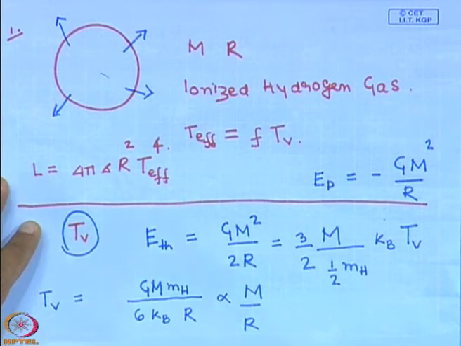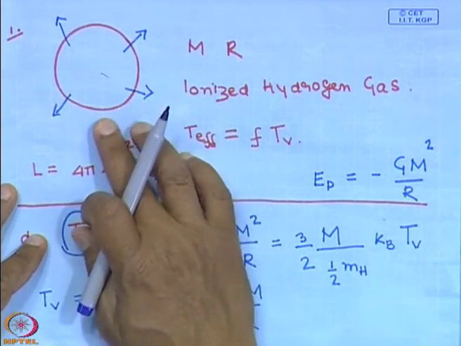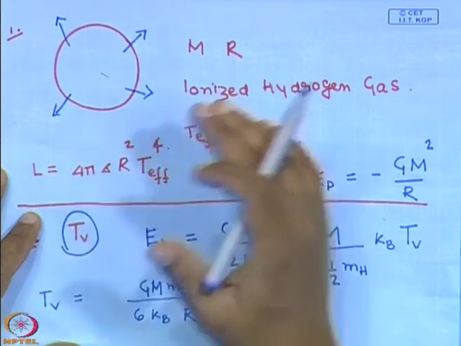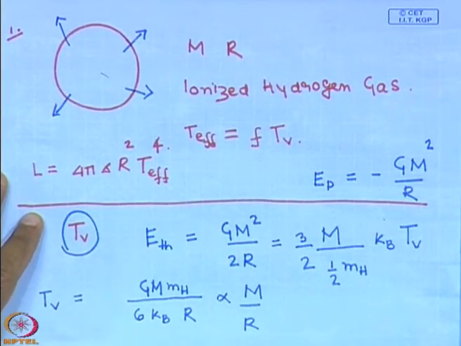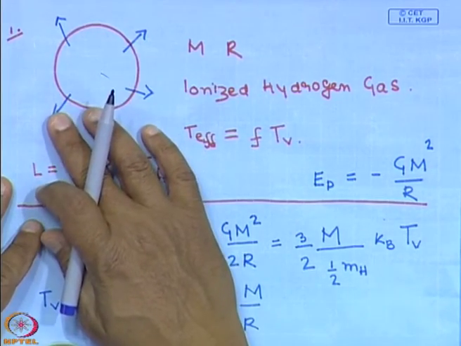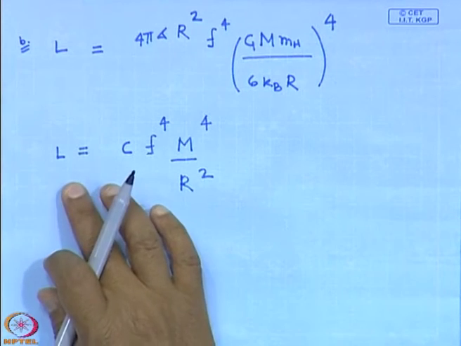So, the total energy and the thermal energy are equal in magnitude. So, you can just equate the loss and the thermal energy will increase if it loses energy. We have already discussed this. So, we can now equate the rate of loss in energy to the luminosity.